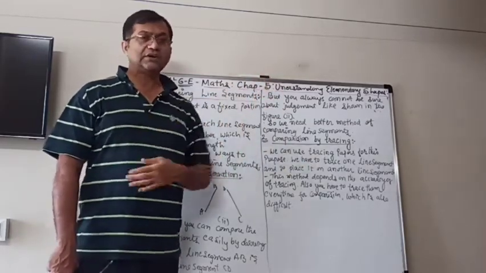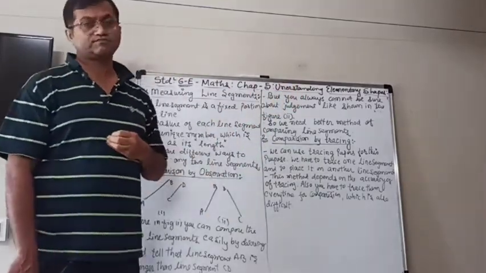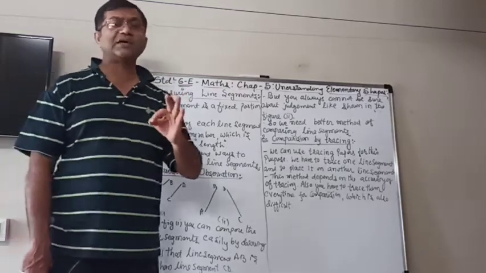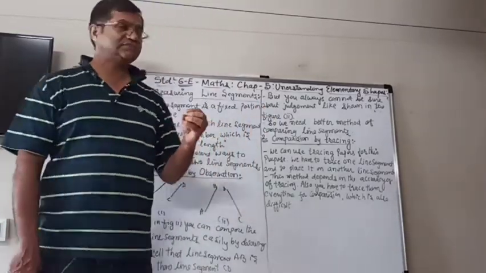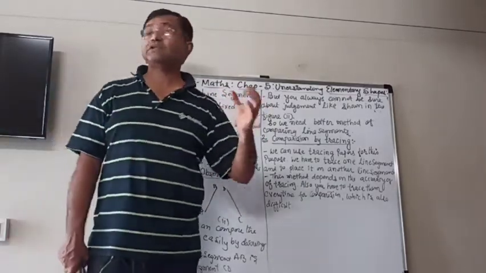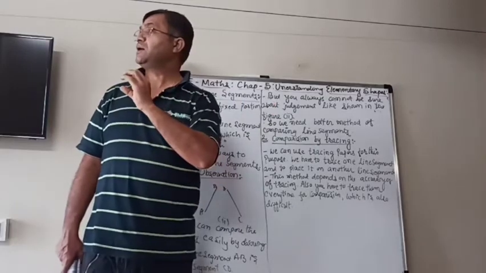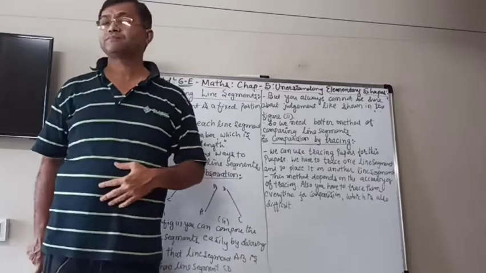But if you take a limited part of that line, that is known as a line segment. And the line segment can be measured because it is not going indefinitely.